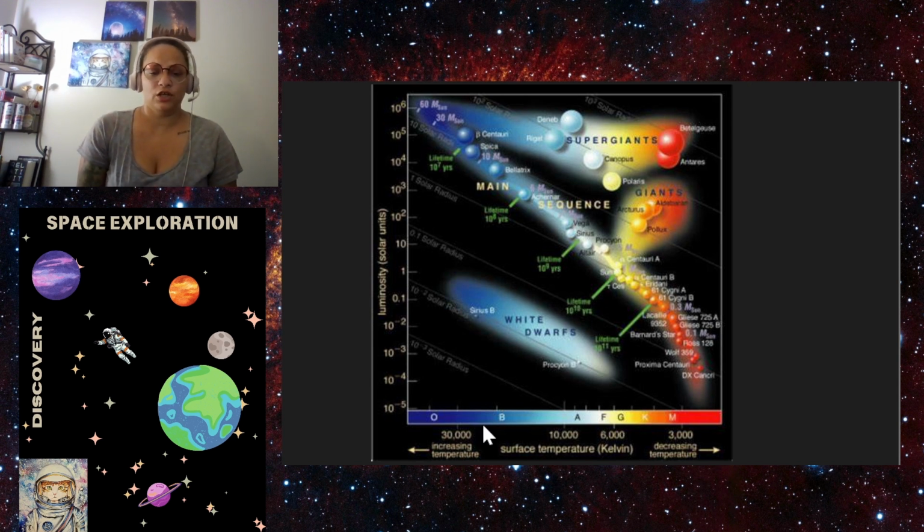The other ones are not listed on the HR diagram because they are the furthest away from main sequence stars as we think of them. Even the supergiants and the white dwarfs, those are off main sequence, but they still were stars once.